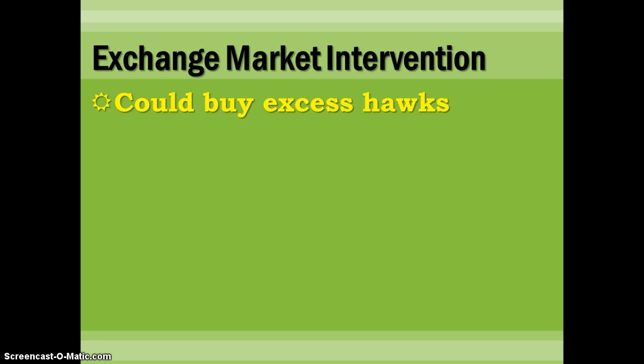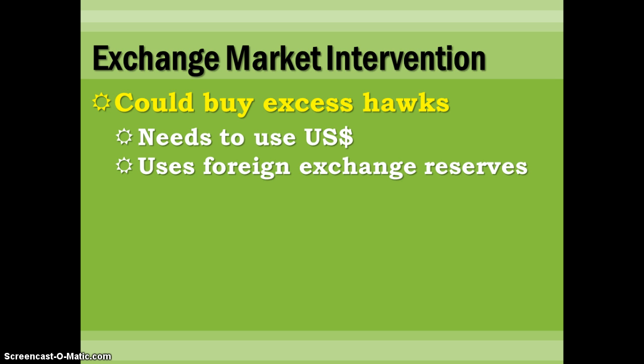One is that they could just buy up the excess hawks in the market, and in order to do that, Matatopia would need to use its reserve of US dollars. Each country carries its own reserve of foreign currencies, and if they're going to be involved in a fixed exchange rate regime, then they're going to need to use that foreign exchange reserve to buy up any sort of excess supply of their currency that may exist in the market.